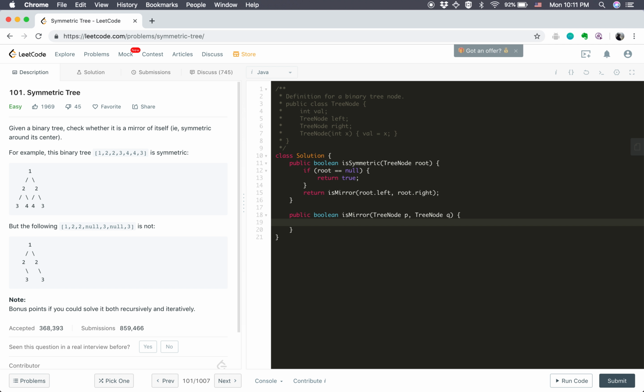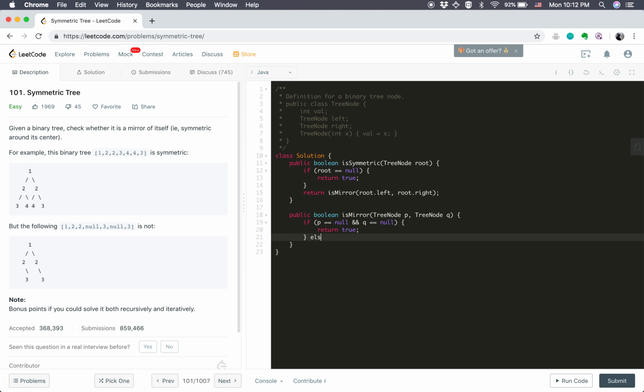The first thing first, always, we need to check the null value of the root node. So if p is null and q is also null, then we return true, because there's nothing in it.